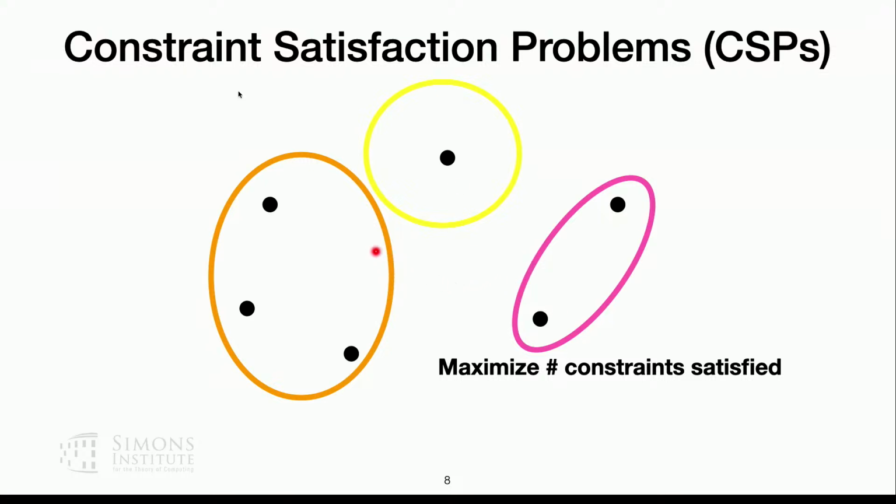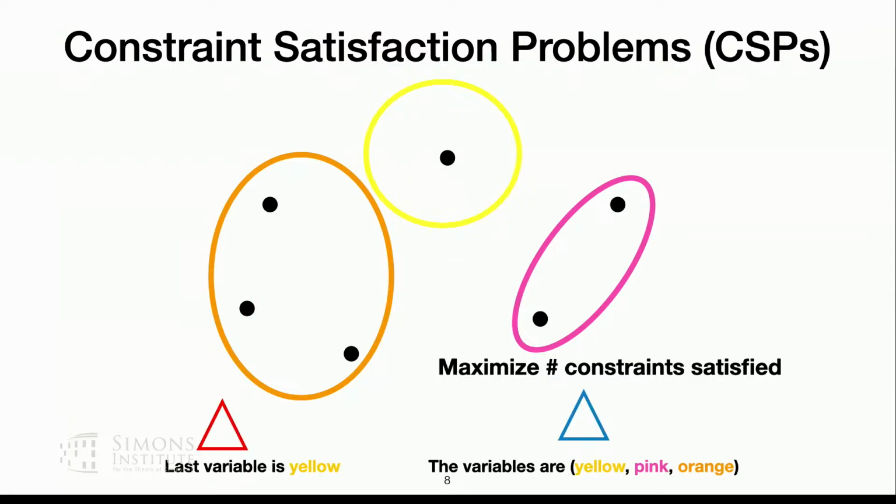The constraints are such that for a particular assignment of these variables, or for them being in a particular partition, whether they are satisfied or not is decided. For example, let's say that the red constraint says that if your last variable is yellow, then the red constraint is satisfied, and the blue constraint, maybe the variables must be yellow, pink, and orange, only then the blue constraint is satisfied.